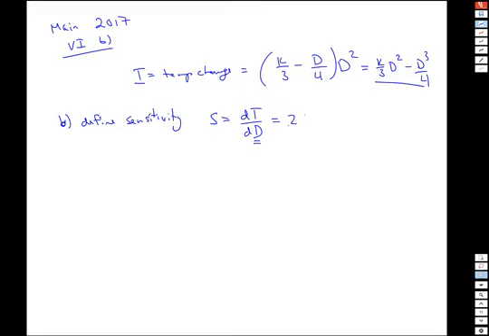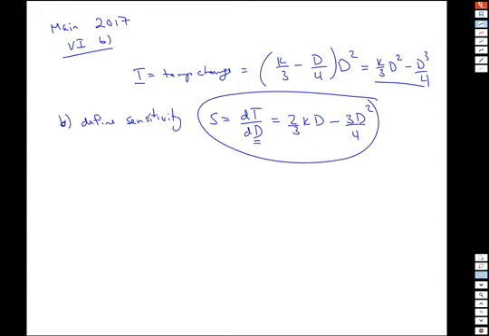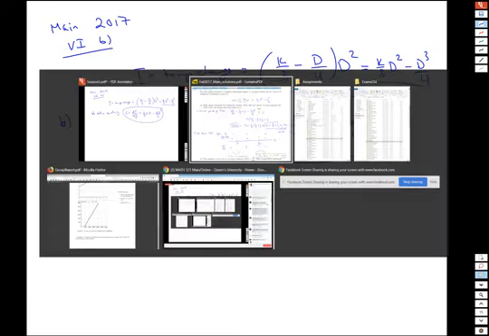We get 2 over 3 kd minus 3d squared over 4. And honestly, the hardest thing at this stage is just to remember that's a formula. It came from a derivative, don't care in the slightest where this formula came from. The fact is, it defines the sensitivity, and the question in part B is about the sensitivity.